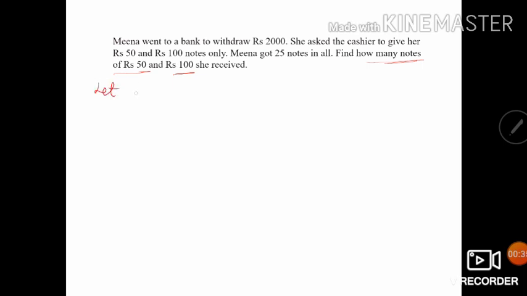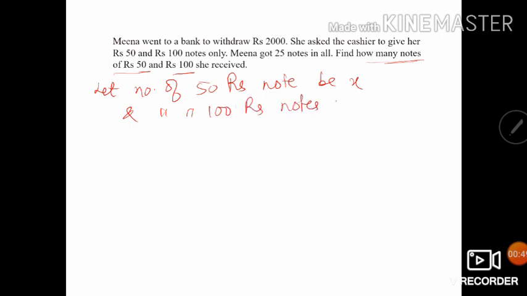Let the number of 50 rupee notes be x and the number of 100 rupee notes be y. Meena got 25 notes in all.